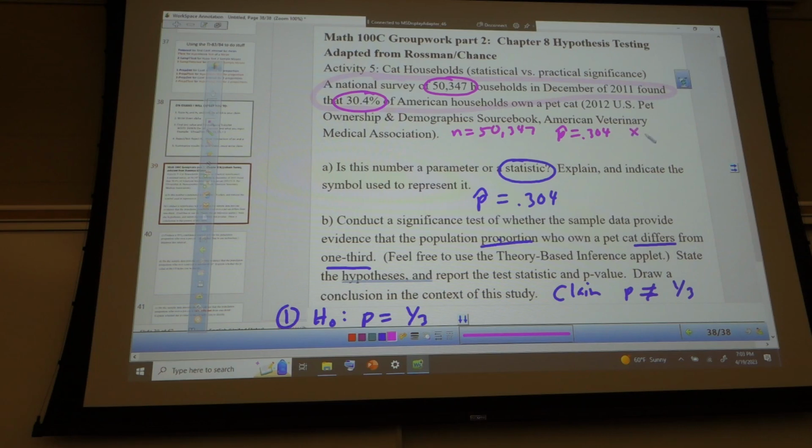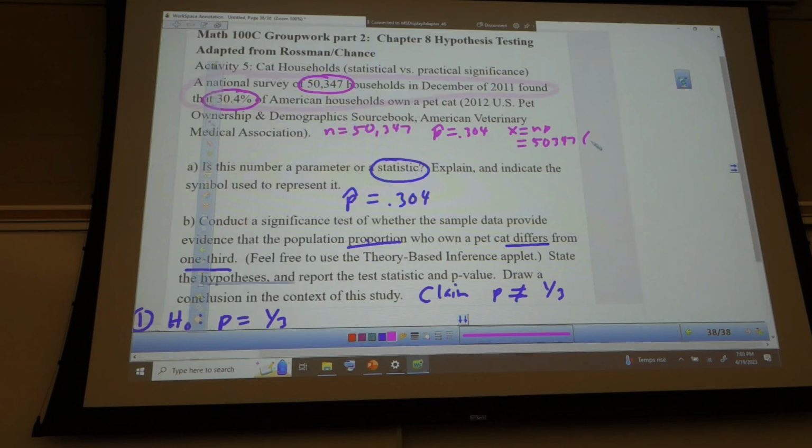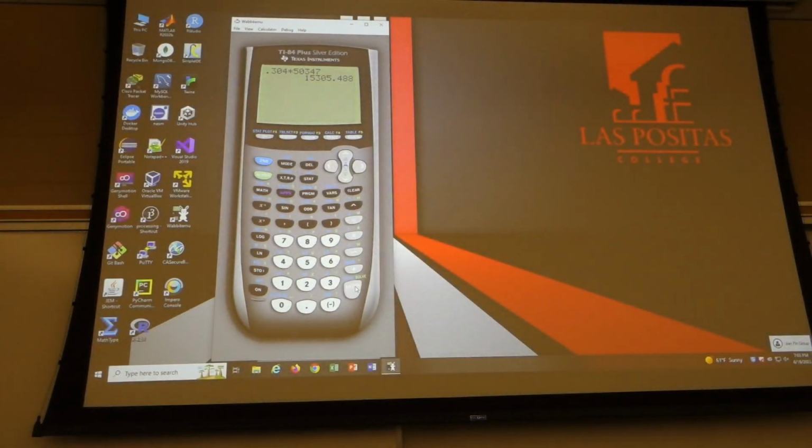My x is n times p, which is 5347 times 0.304. So I'm going to do that. And I get 15305.48.